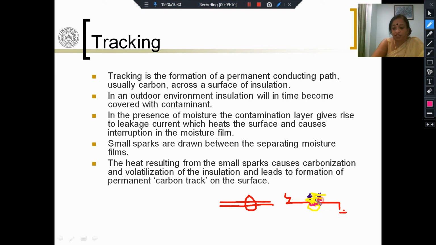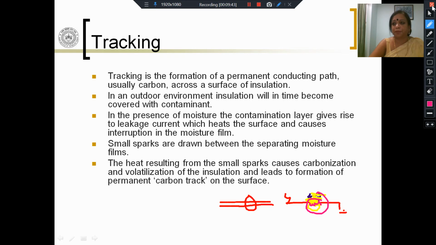This small region will further degrade, so there will be channels which will be formed by erosion. So on the surface of the insulator, channels are formed where the material has been removed, has been eroded, and then further currents may flow along that degraded channel, and there may be carbonization. So what you might see is, over a period of time, you will see that black carbonized channels have been formed on the surface of the insulator.